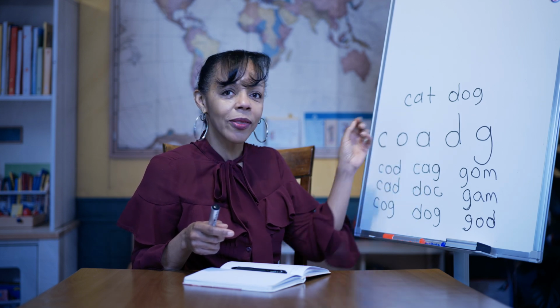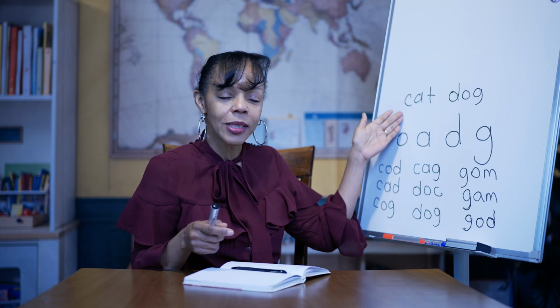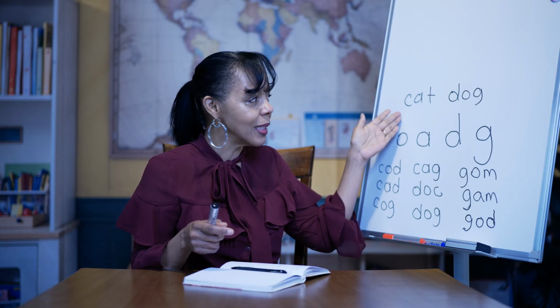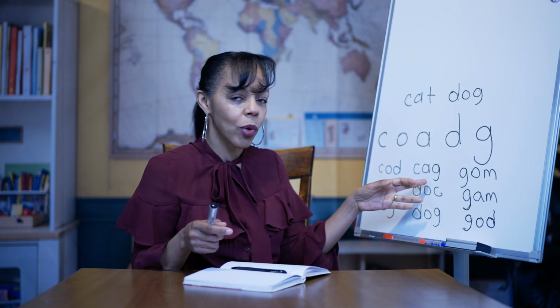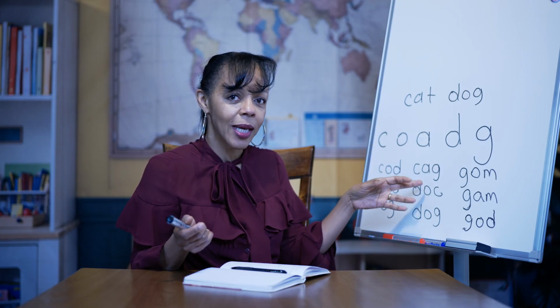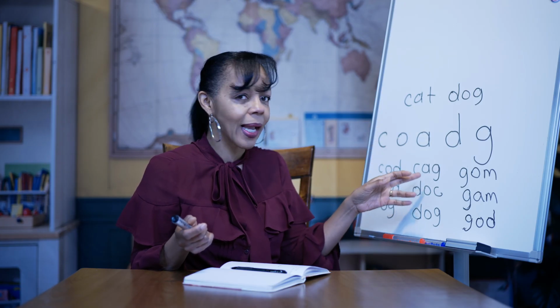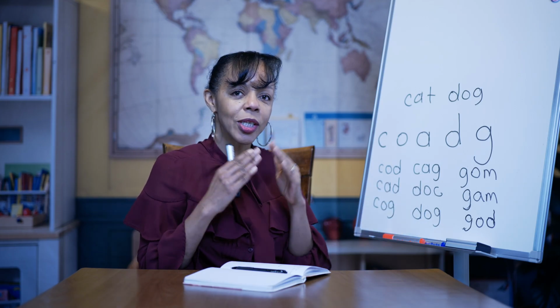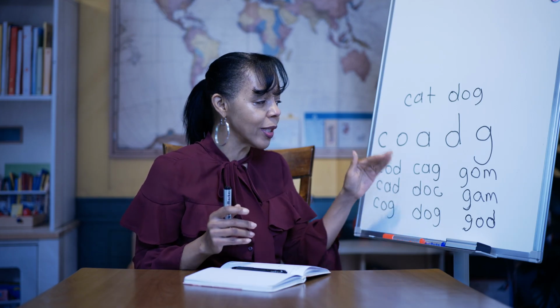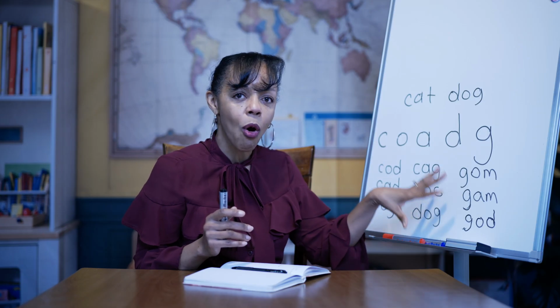So you can tell them this word starts the same way as cat. Let's say it, cat. Now let's say this one. What would it be if you know the letter sounds? Cag.